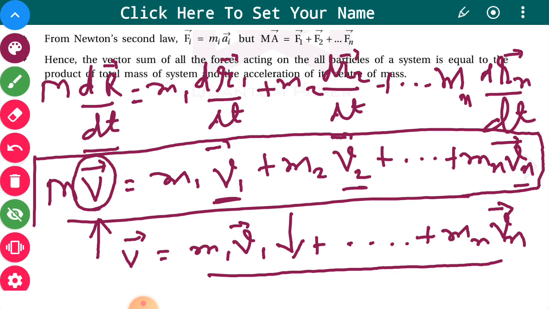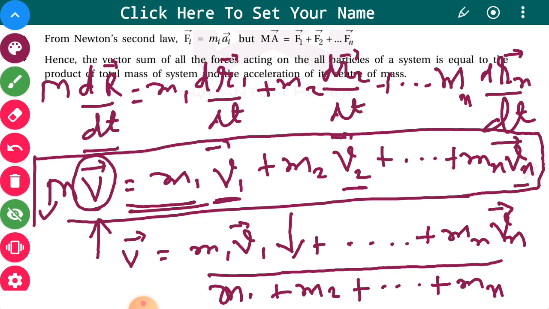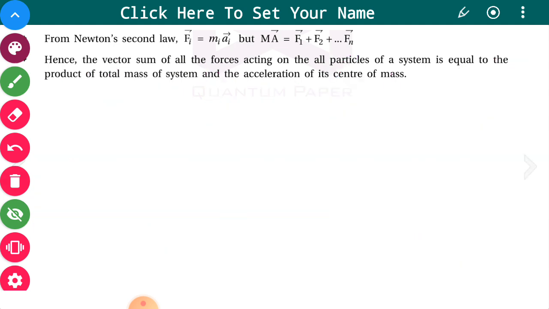That total mass I can put in the denominator, and that is the sum of all the individual masses, that is m1 plus m2 plus up to plus mn. So this can be written in this form also. Now I will take the differentiation of this particular equation.